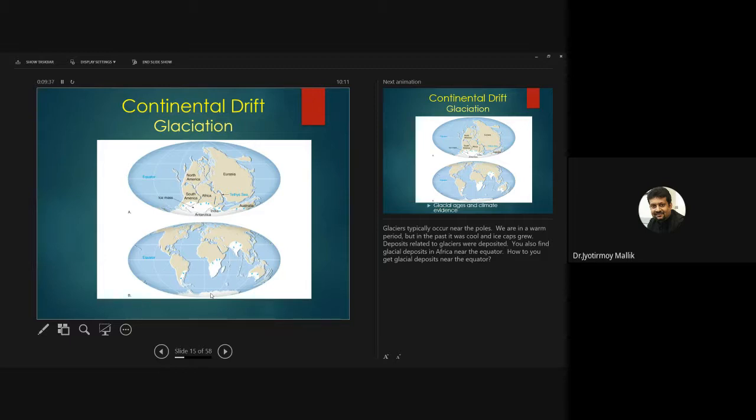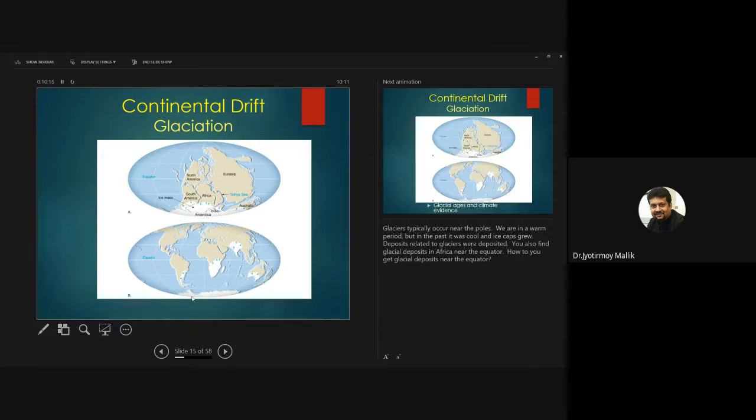India, for example, was in the southern hemisphere, in a temperate condition very close to the pole, and that is where you have the glaciation, like you see it in Antarctica, right? That is where the boulder beds, the glacier deposits, got formed in India, and then India actually migrated to the tropical or subtropical area. So that is why you find glacier beds in peninsular India as well.